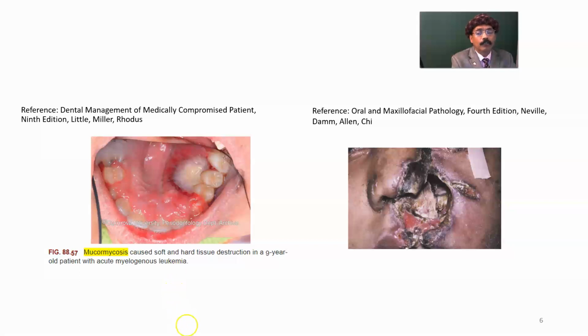So in leukemia there will be an immunocompromised condition, and the patient gets hard and soft tissue destruction. This is an involvement of the maxillary sinus and nose, and there may be involvement of the soft palate and hard palate. In this patient, due to extensive necrosis, tissue destruction happens in mucormycosis.